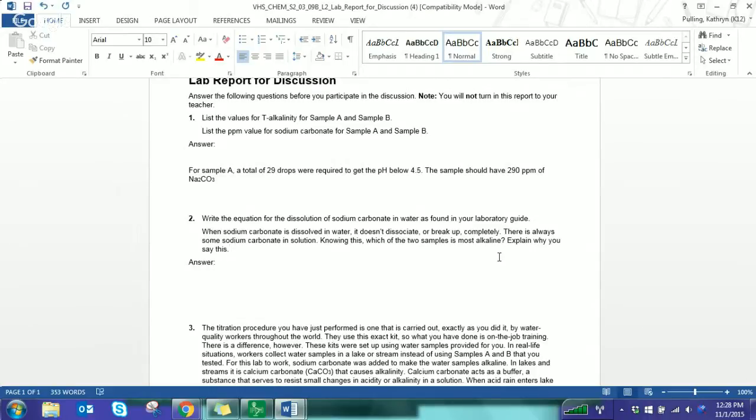Because phenolphthalein measures bases or alkaline solutions. So the more drops with the phenolphthalein for the change should indicate the more basic solution.